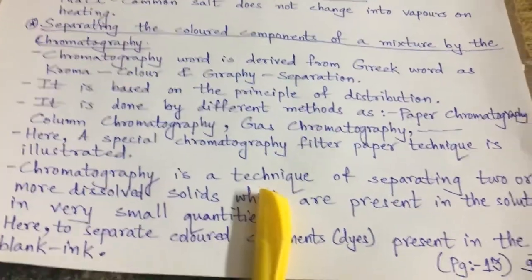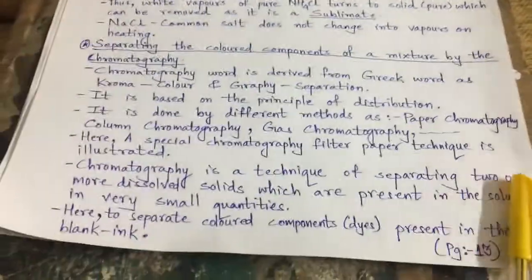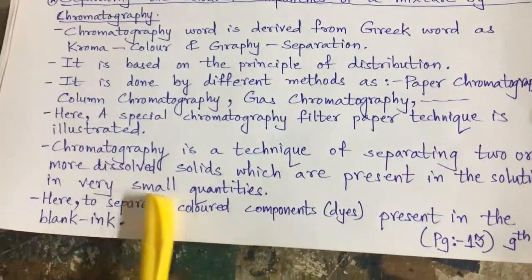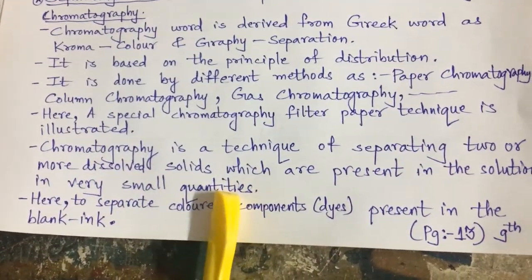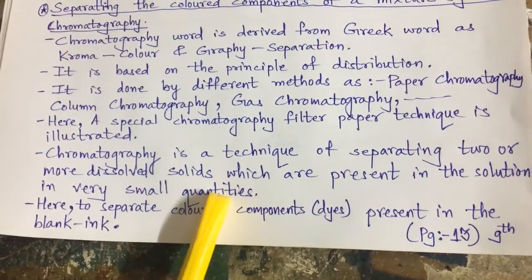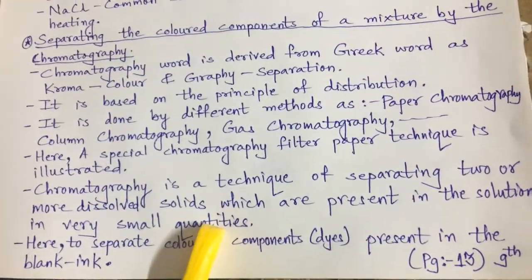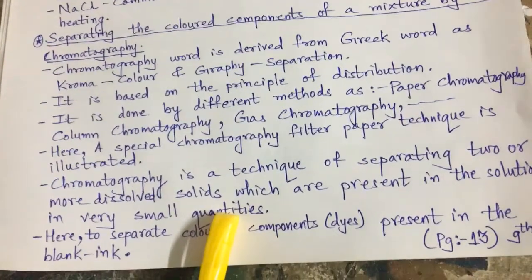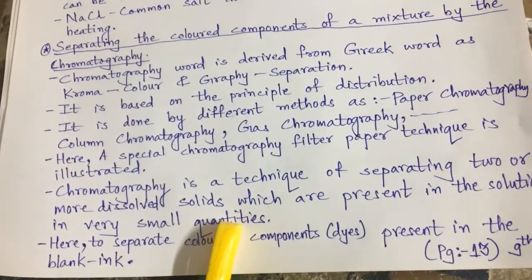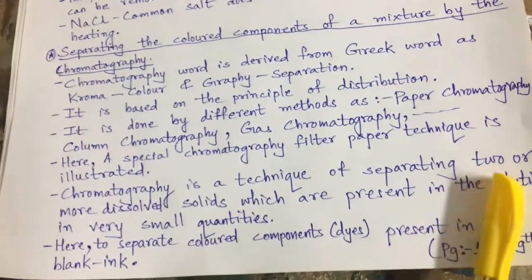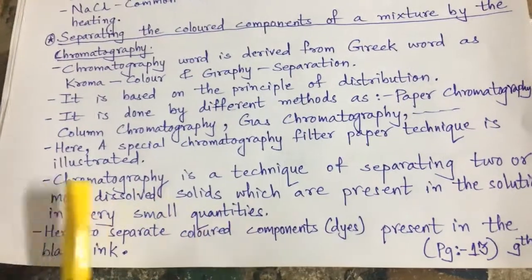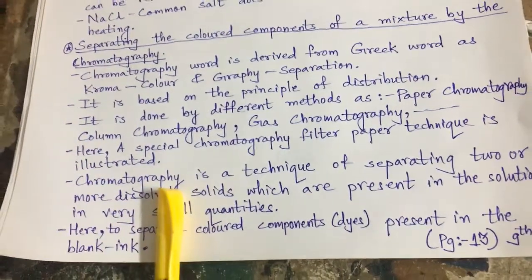Chromatography is a technique of separating two or more dissolved solids which are present in the solution in very small quantities. So what is said over here? Soluble solids in very small quantities. 2-3 different solids in small quantities are dissolved together and one solution is made. For such a type of mixture, chromatography is used.